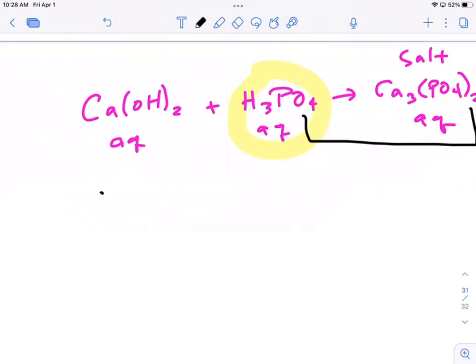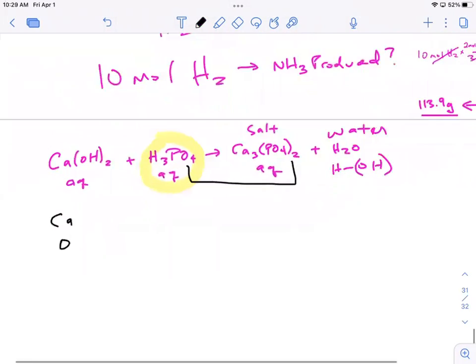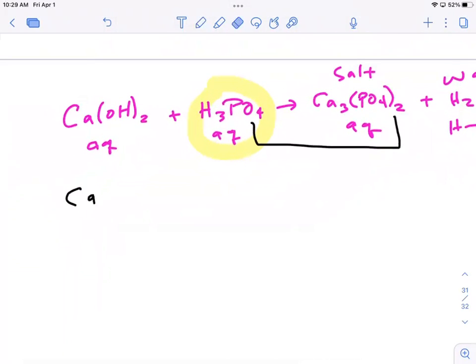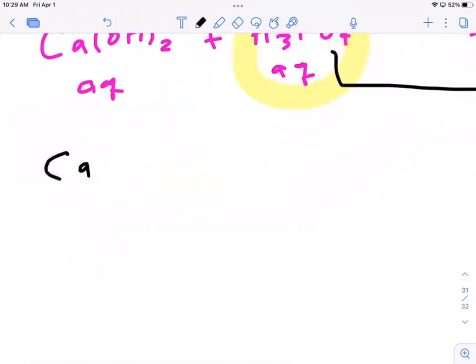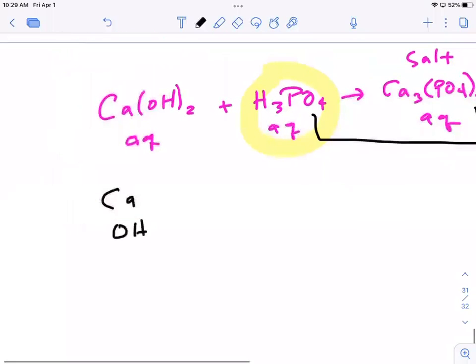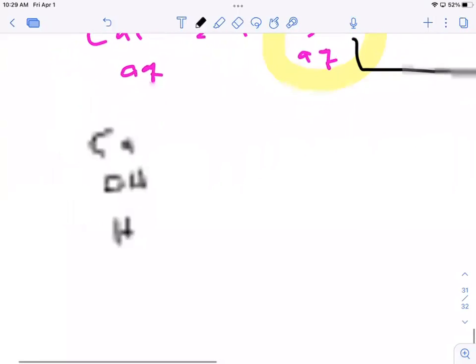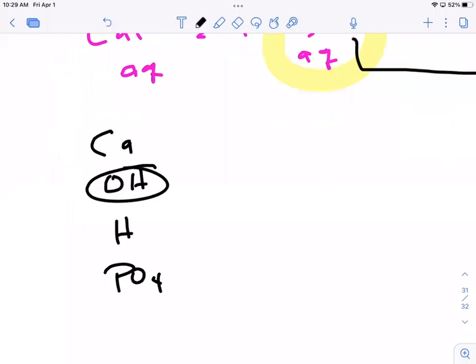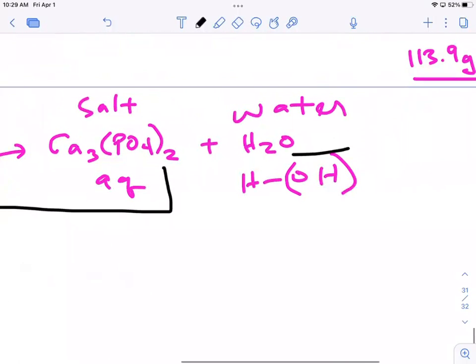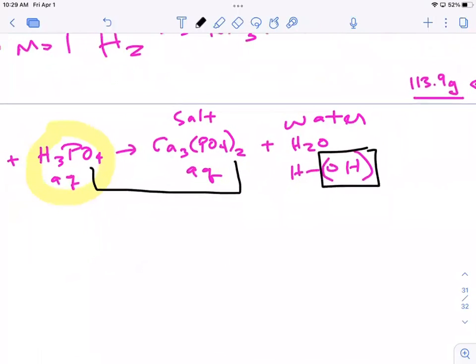So we got calcium, we have oxygen, which we're gonna count separately. Actually, you know what? Let's keep the OHs intact too. So OH, and then we got H, and then PO4. We can look at this as one OH group.